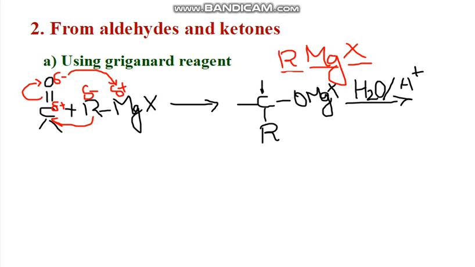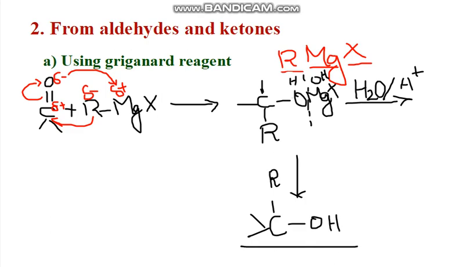How will this H2O add? H will add to this oxygen and OH minus will add to this MgX. So this bond will break and finally we will get C-OH. So an alcohol is formed. This is how the Grignard reagent acts with the carbonyl compound.